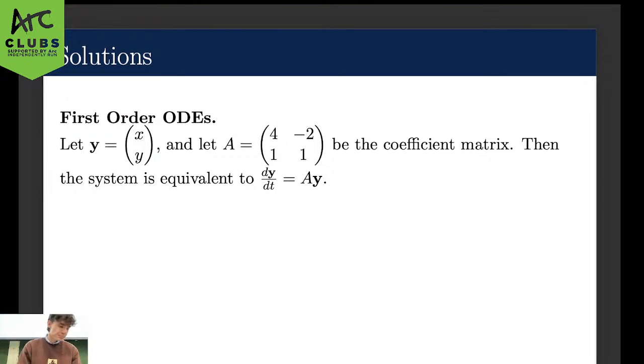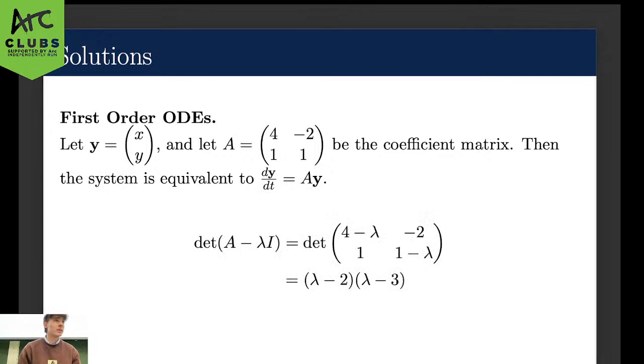So now, remember the method to solving this differential equation. First, we need to find the eigenvectors and eigenvalues for our matrix A. To do that, the process is solving the characteristic polynomial, A minus lambda I, and actually just expanding that determinant out and factorizing, we should get lambda minus 2, lambda minus 3, and that's equal to 0.